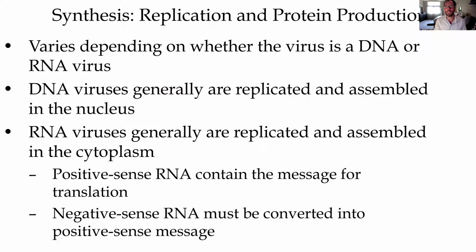There are DNA viruses that will replicate in the nucleus and then send the RNA out into the cytoplasm to then be translated into the proteins and stuff and then assemble out there.